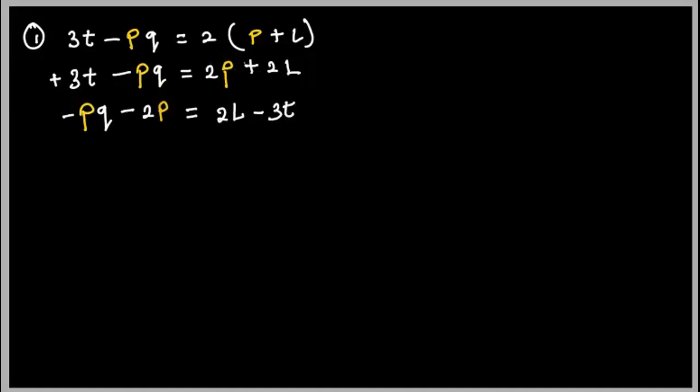Now, having done this, since we have P, as you can see, P is common to both sides, just as we did in the previous part. Let's bring out minus as well, since minus is common to both PQ and 2P.